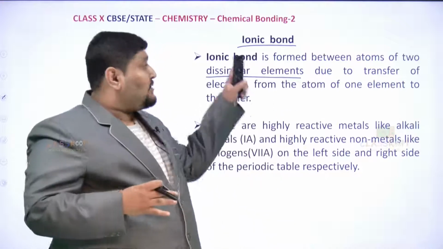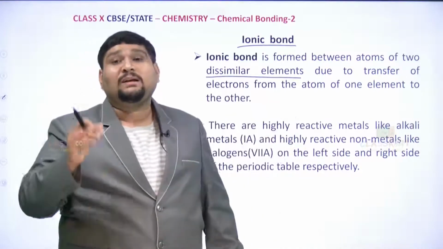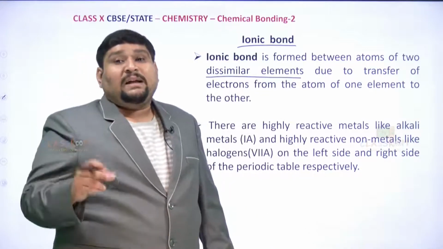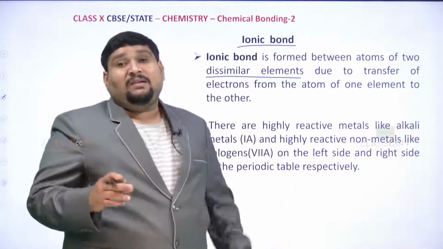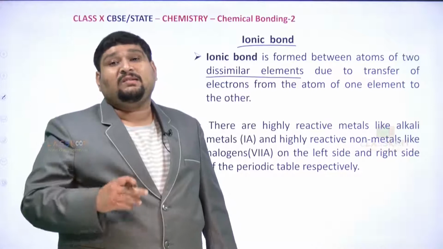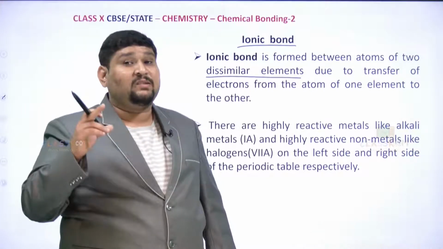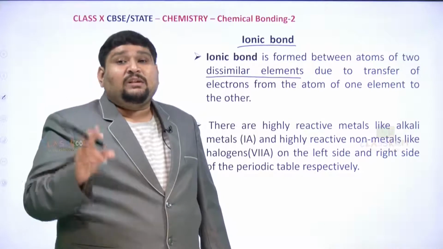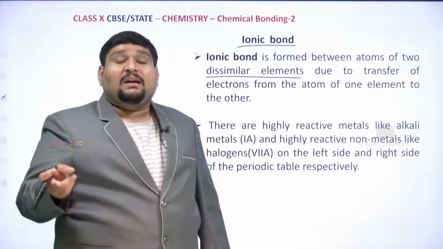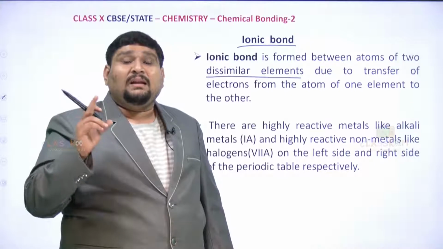But in the case of ionic bonds, there is an important condition or criterion: we find dissimilar elements. Dissimilar means that one element must be a positively charged particle, a cation, and the other a negatively charged particle, an anion.